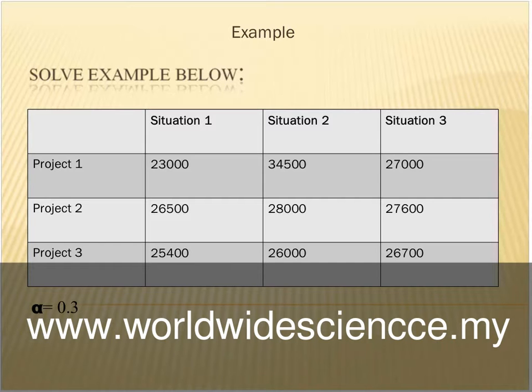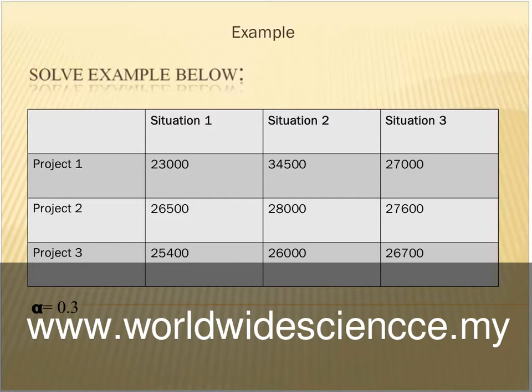Approximately, exactly, Mr. Barakat. Approximately, it can be calculated as 0.33. We can take it as 0.3. 0.3 is enough. We can take it as 0.3 to make the calculation easier. So each situation in each project should be multiplied by 0.3.